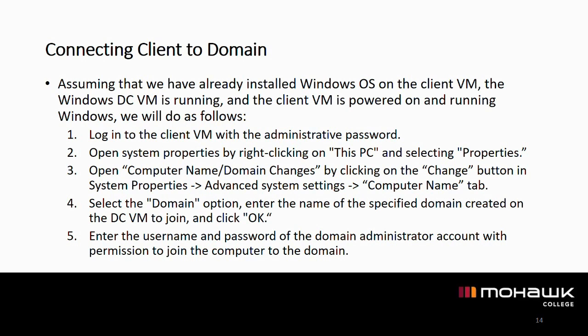Assuming that we have already installed Windows OS, for example Windows 10, on the client virtual machine, the Windows domain controller virtual machine is running and the client virtual machine is powered on and running Windows. We will do as follows.